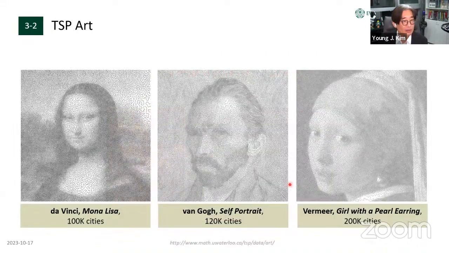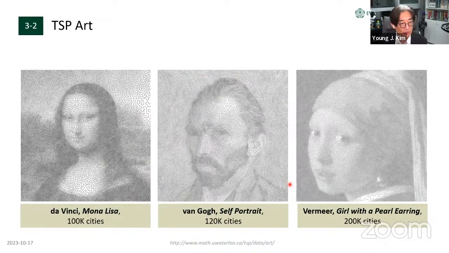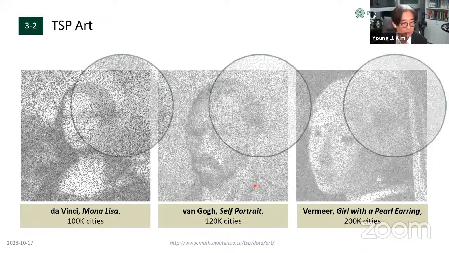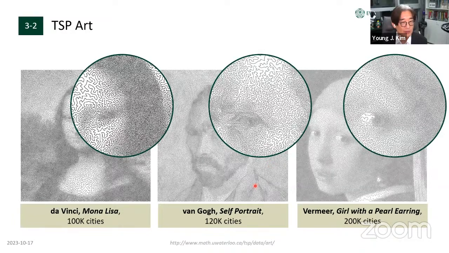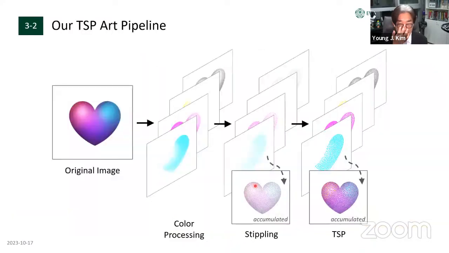And these are some examples of existing TSP art from well-known art pieces. This is something done by others, not by us. Now, in our case, our TSP pipeline is a little bit different because, first of all, we want to use color drawing, not just simple gray or black and white line drawing.